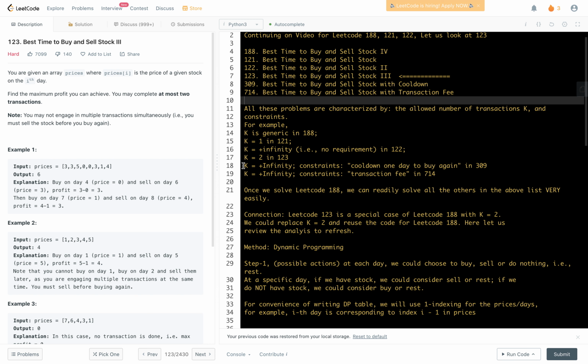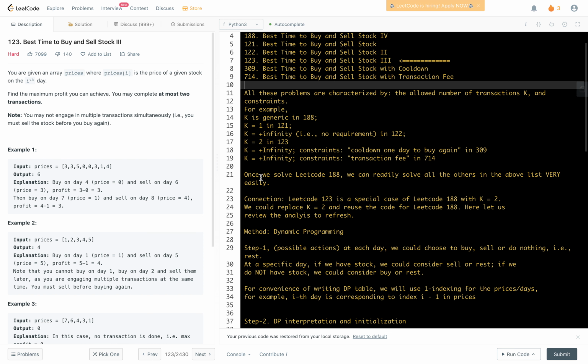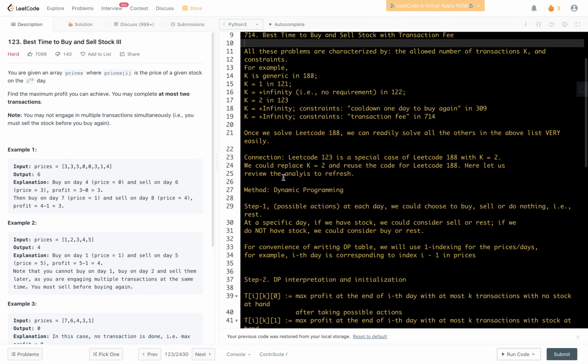Actually we have also another two problems, that is problem 309 and 714. So as we mentioned before, once we solved problem 188, we can solve all the others in the above list very easily. So let's mention the connection again.